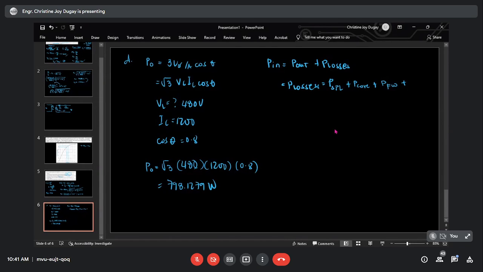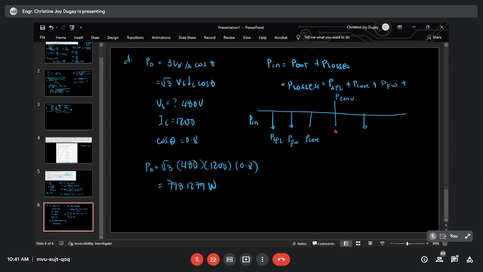Sa power flow diagram natin, this is P input. Ano yung una dito? P SPL, stray losses. Plus P friction and windage. Tapos P core, tapos ito na yung P converted.